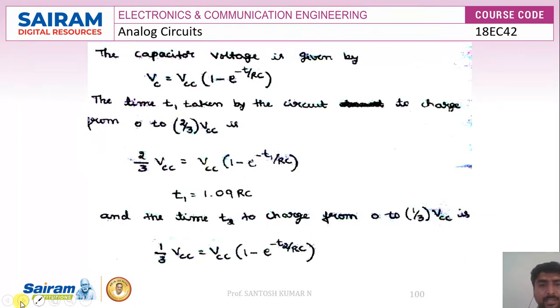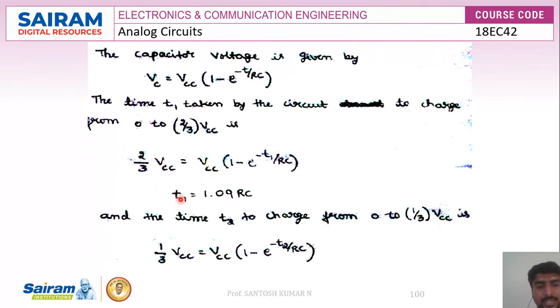The capacitor voltage is given by VC equals VCC into 1 minus e to the power minus T by RC, where T1 is the time taken by the circuit to charge from 0 to two-thirds of VCC. Therefore, we can write two-thirds of VCC equals VCC into 1 minus e to the power minus T by RC.